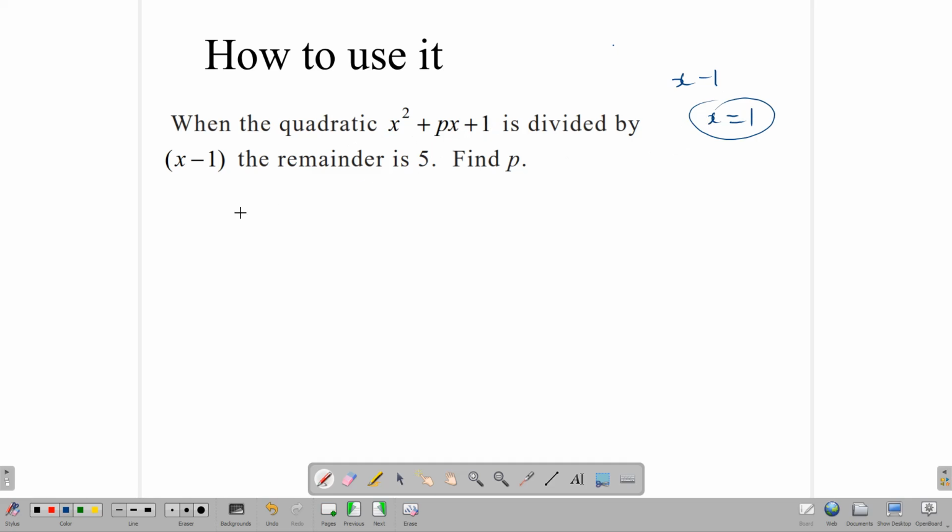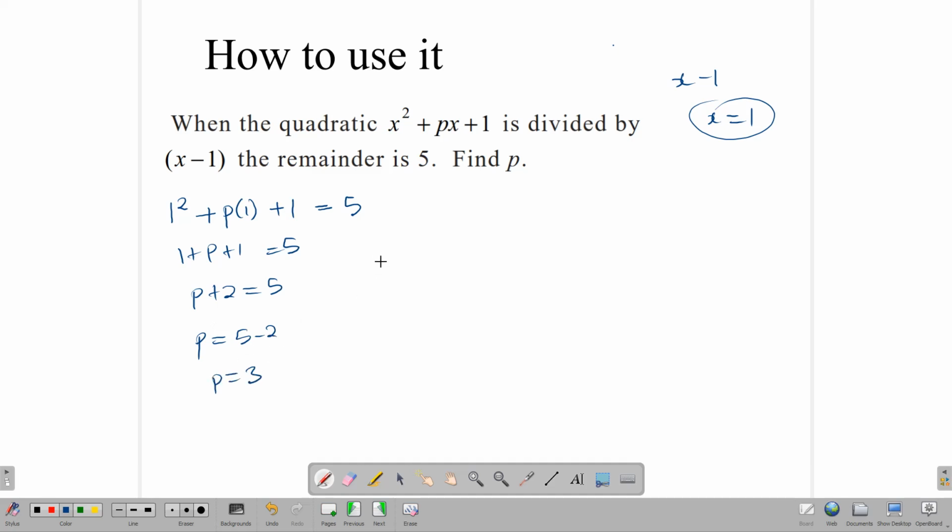So if we substitute x equals 1, we get 1 squared plus p times 1 plus 1, and the question is telling us that the remainder is 5, so 1 plus p plus 1 is equal to 5, which tells us that p plus 2 is equal to 5, and therefore p is equal to 5 take away 2, and that is equal to 3.